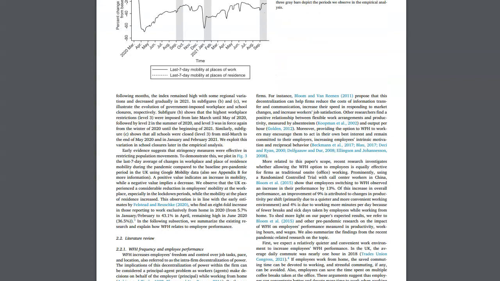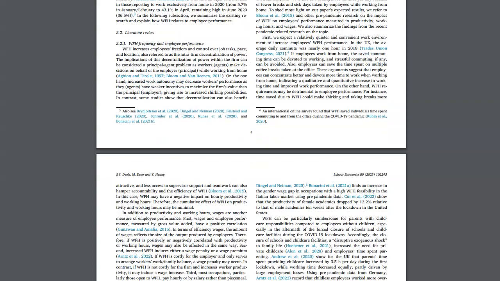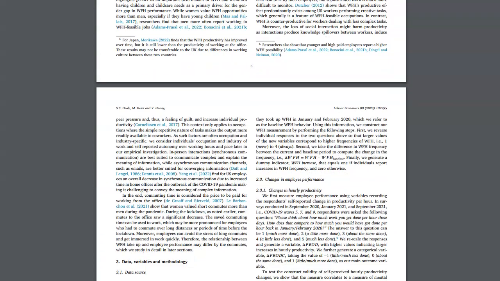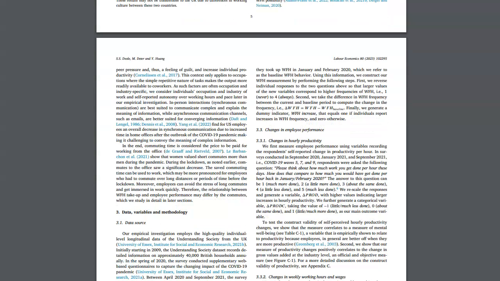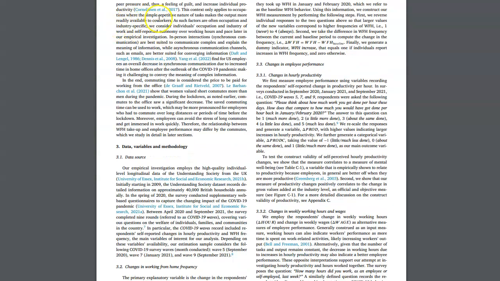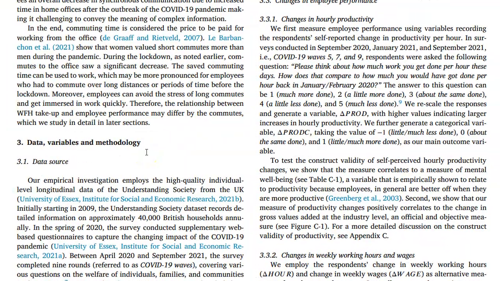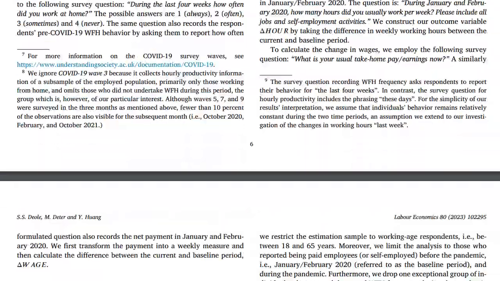I'm not seeing it. There's the literature review. Now I know I do have a professional article here because it came out in the filter. Data, variables, and methodology. Okay, this is where they put it. This is where they put the information about data, variables, and methodology. So I'm feeling really good now about what I found.